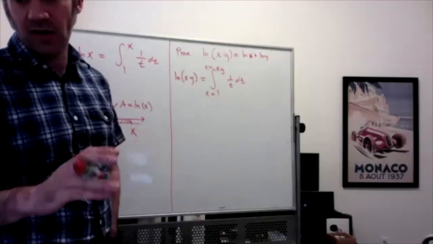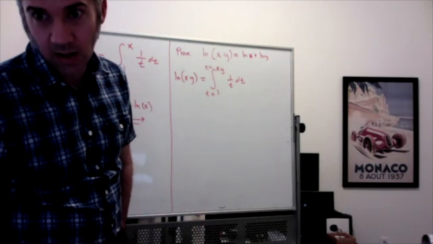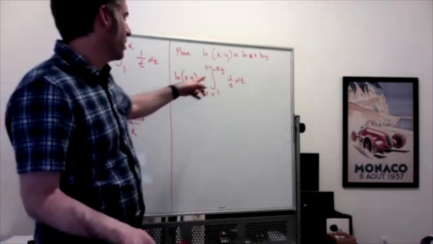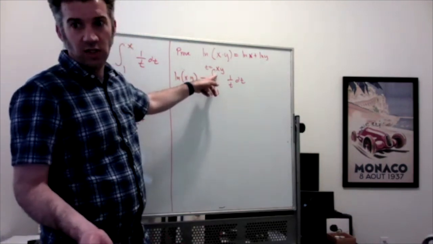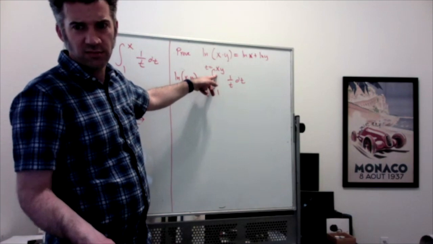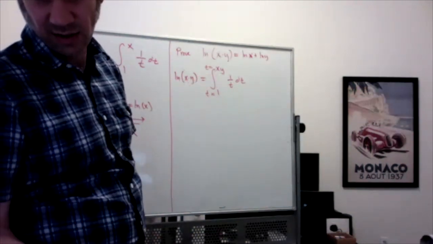Sometimes they'll tell you how to do the u substitution. Let me take a look here. What I really want to happen is for this upper limit to change into just x. That seems interesting.